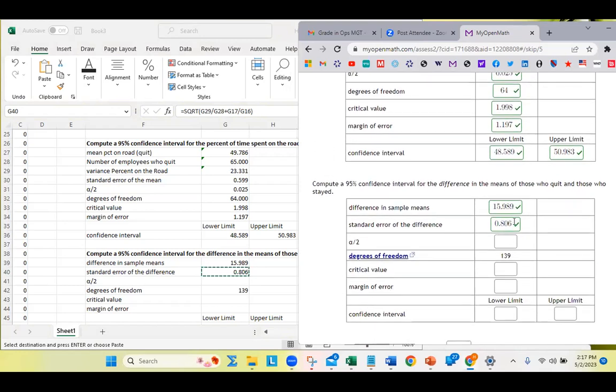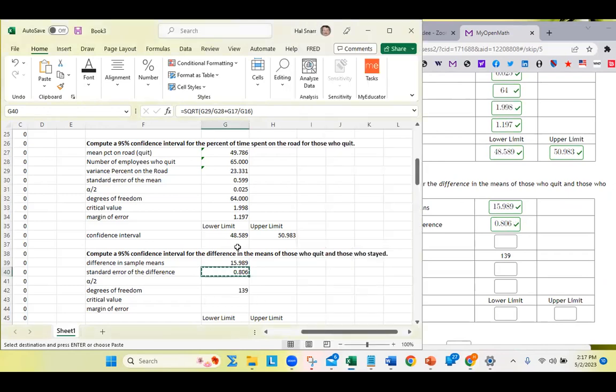All right, so we're all good on the difference in sample means and on the standard error of the difference. Now we have to get the alpha divided by 2, which is the same as before. I have a 95% confidence interval. The 95% represents the inside of the distribution around the hump. The alpha in my case is 5%, the percent in the tails, and you divide that by 2 because you have two tails.